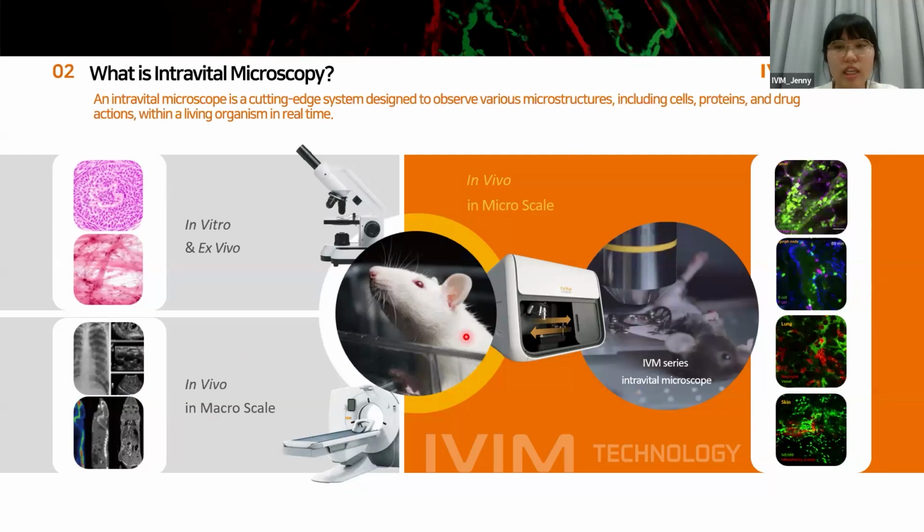In contrast, intravital microscopy enables the real-time tracking of drug behavior, biological responses, disease progression, and so on, at the single cell level in living animals. It is a powerful tool for visualizing various biological phenomena, including drug delivery and distribution, cell-to-cell interactions, immune responses, and so on, all with high spatial and temporal resolution.